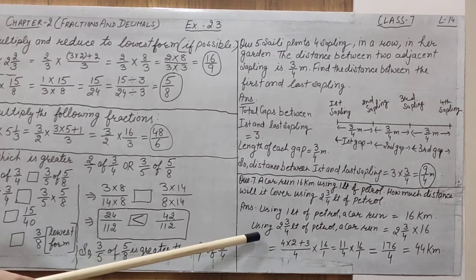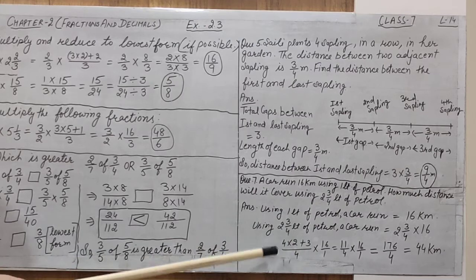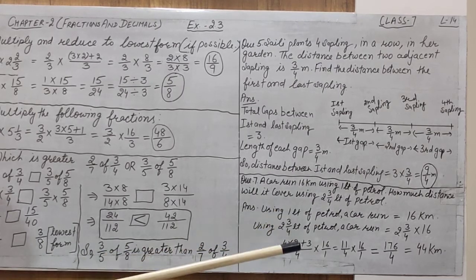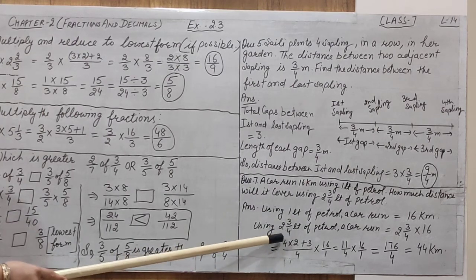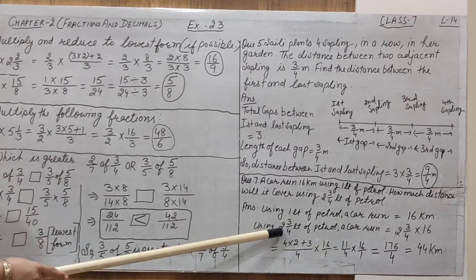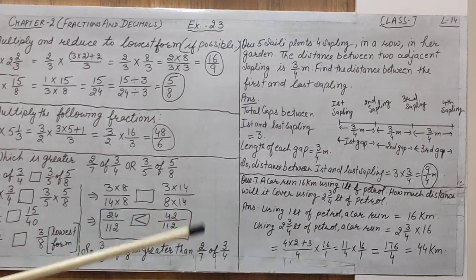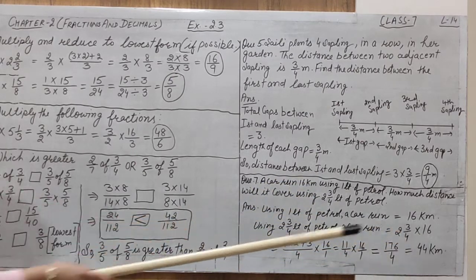Now we have to find out using 2 3 by 4 liters. Now 2 3 by 4 is greater than 1. Alright. When the quantity of petrol increases, the distance also increases. For an increased value we have to multiply.